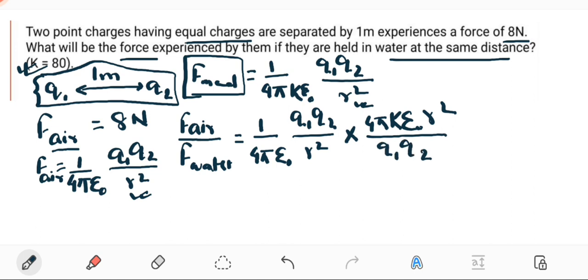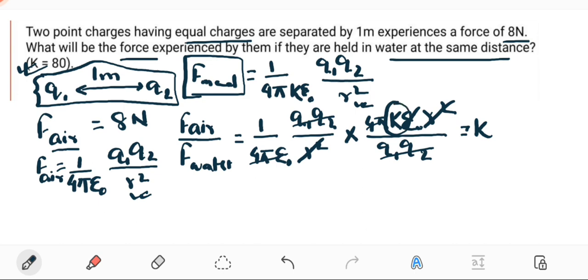From here we can clearly see q1 q2 get cancelled, 4 pi epsilon naught gets cancelled, r square gets cancelled. So we are left with force in air divided by force in water equal to k, the dielectric constant.